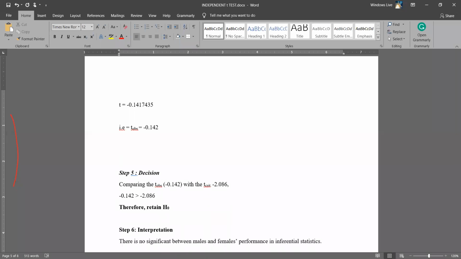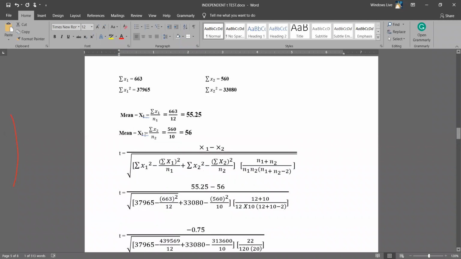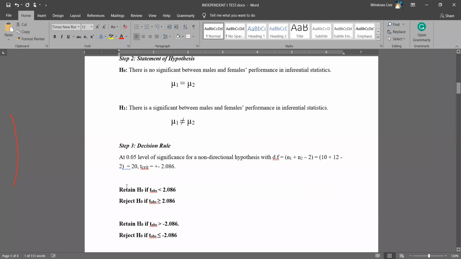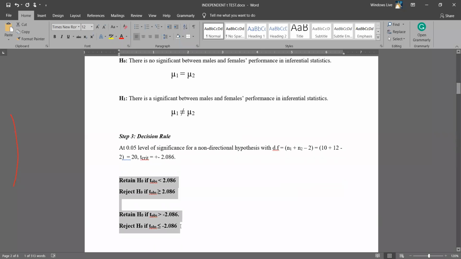So the next one is decision. With a decision, you are comparing the computed value that you had with your decision rule. So let me copy our decision rule. This is our main focus.